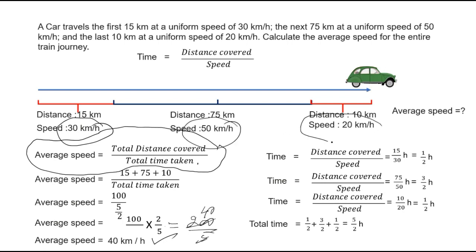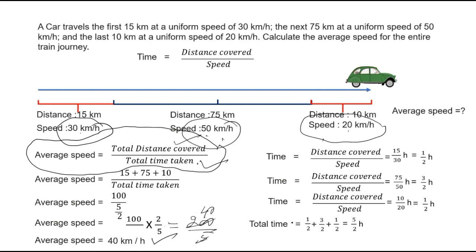Generally boys think of taking straightaway the average of these speeds. So what they do is 30 plus 50 plus 20 divided by 3, and they write the answer. That is a wrong answer. You will not get marks for that. It's the wrong way of calculation. That's why you have to find the total time taken and the total distance covered, and find out what the answer is.